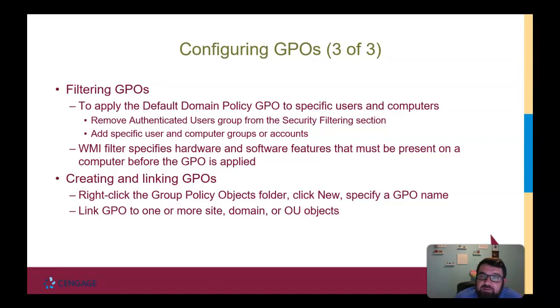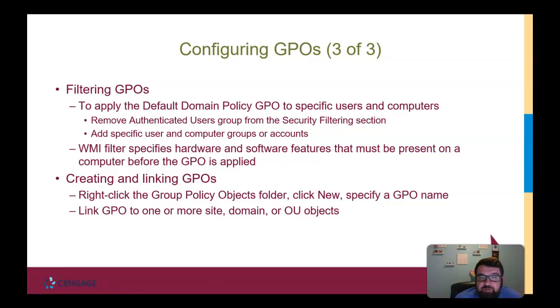You can take the default domain policy, for example, and remove authenticated users, which is pretty much everybody who logs in, and then add specific user or computer groups or accounts there. So this will filter out everybody except for who's in that group or a specific user.